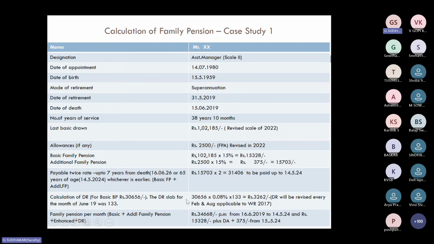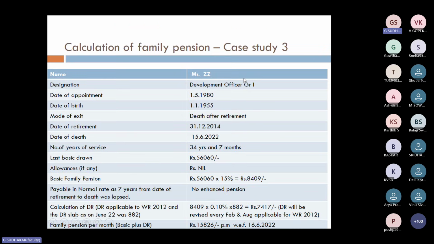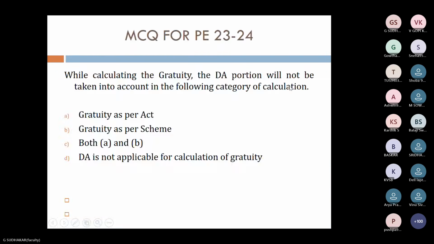And how the family pension is calculated: I have made one example for assistant manager, another for assistant, and another for development officer grade 1. I will share the slides through the coordinator so that you can go through the entire family pension and everything and you will come to know. So these are all about family pension. Some more points.